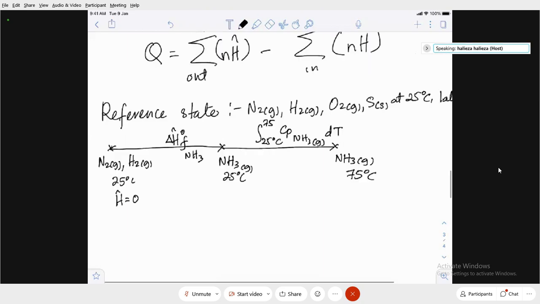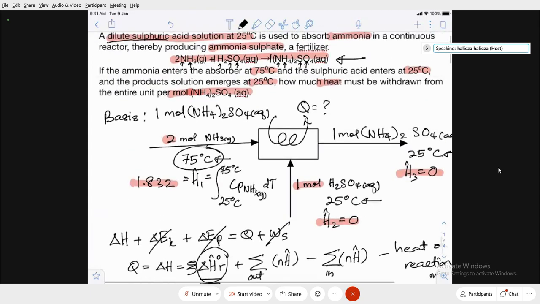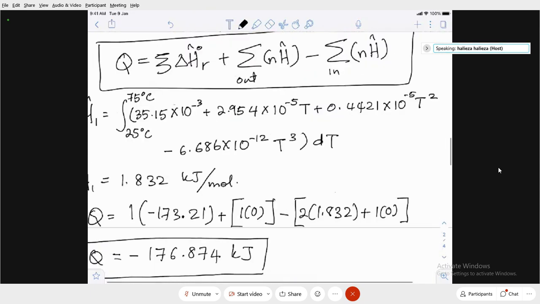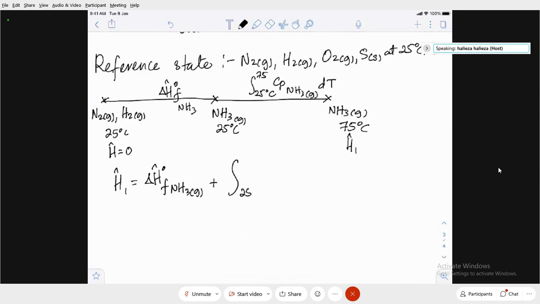In this case, we use the same symbol as just now, H1. So H1 is going to be the formation of ammonia gas first, then the integration, or the heating part.